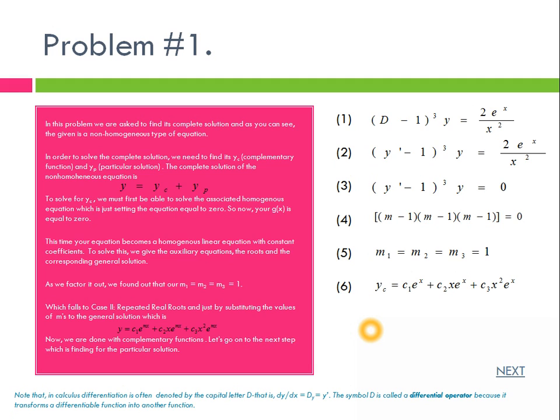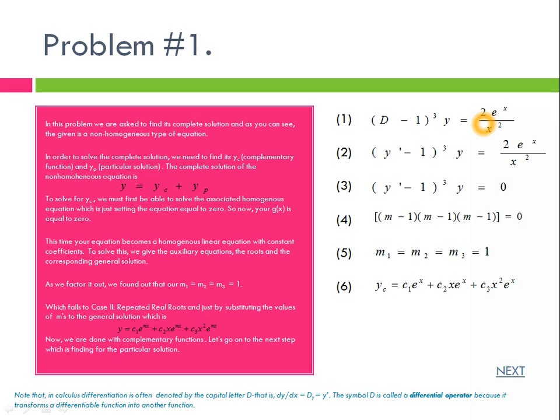When we say homogeneous type, our g of x is equal to 0. And when we say non-homogeneous type, our g of x has a value. So in our given equation, this is a non-homogeneous type because we have a value of g of x.